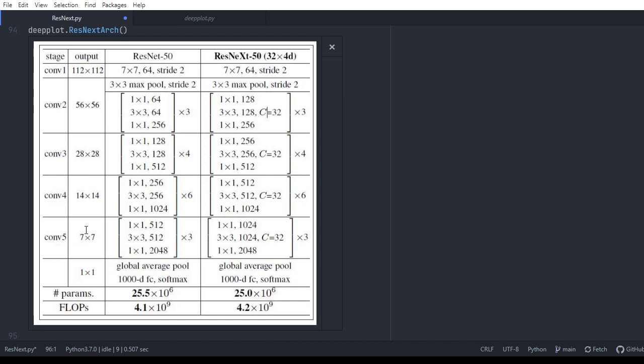Then they'll be concatenated to form a single output from the group convolutions, and then they'll be passed on to the last convolution layer of the residual block of the ResNext architecture.